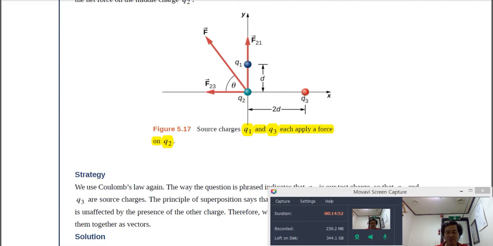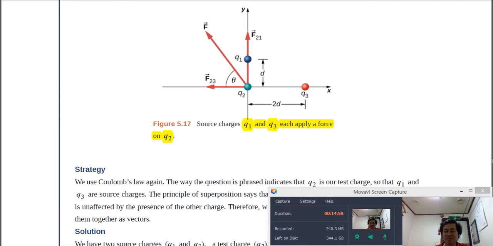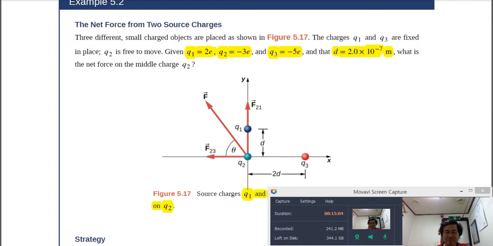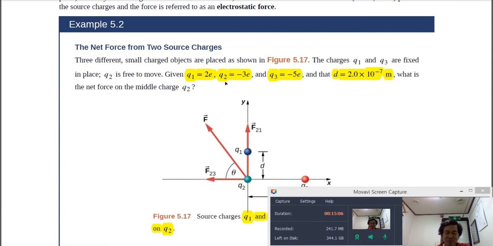Notice that, let me check the sign of charges. Okay, Q1 is 2e, Q2 is minus 3e, Q3 is minus 5e.